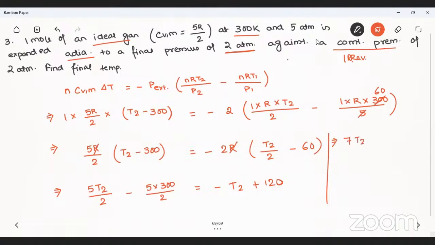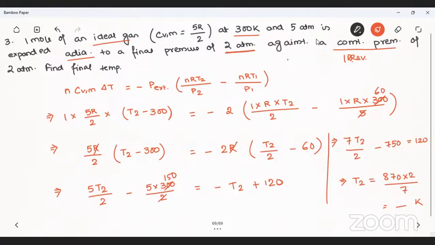If I take this here, 72/2 minus 750, so it will come as 150. So 750 is equivalent to 120. So T2 will be what? 870 into 2 by 7 or something, in Kelvin.